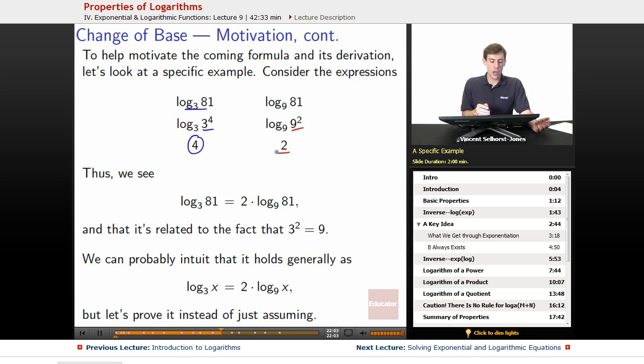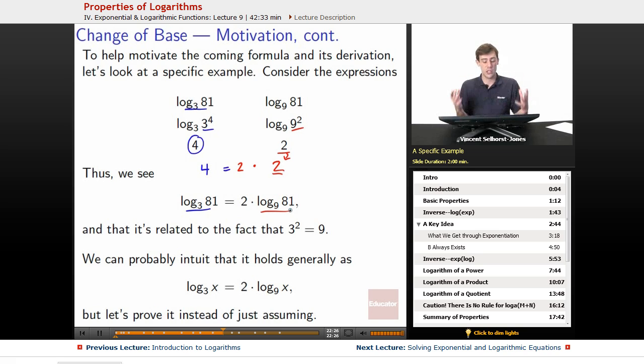So we see that log base 3 of 81 equals 2 times log base 9 of 81, because 4 is equal to 2 times 2. And this is somehow related to the fact that 3 squared is equal to 9, right?